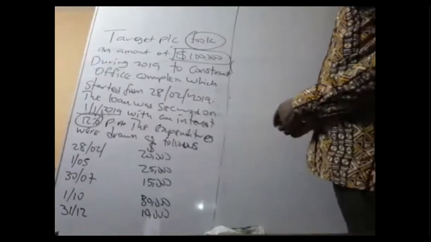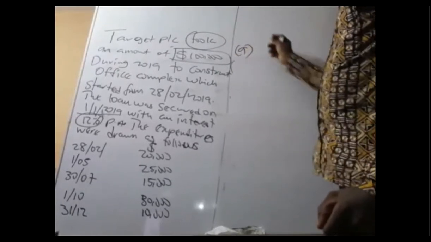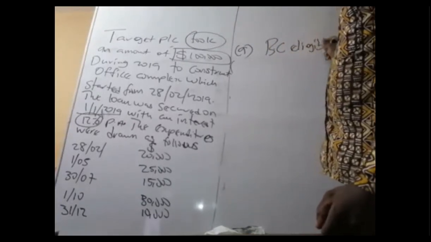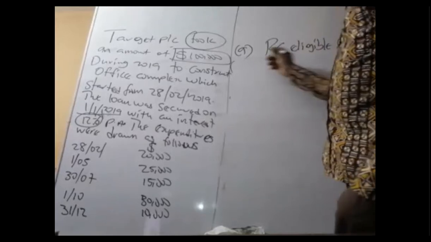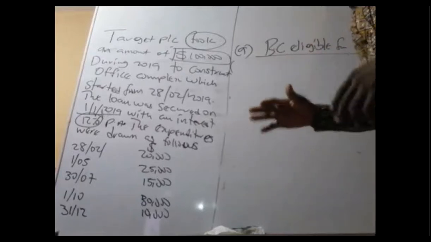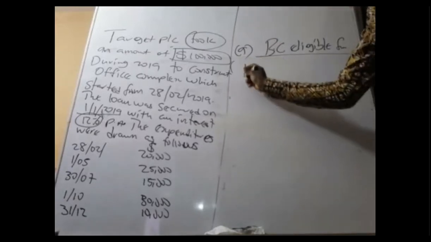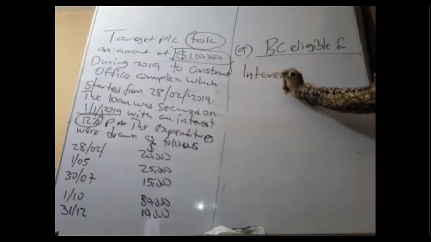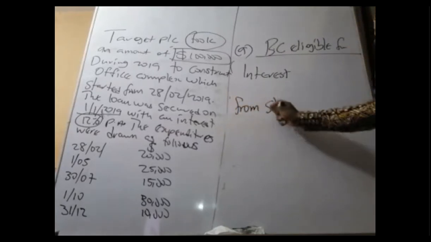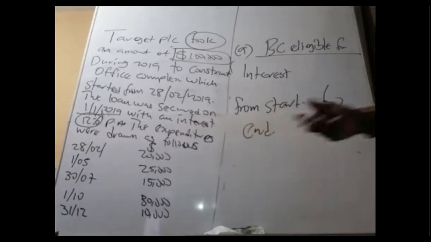Okay, so we will start by saying A, borrowing costs eligible for capitalization. Like this, tell the examiner that with a specific borrowing, you should relax. Only two things you need. Number one, the interest. So calculate the interest, please and please again, from the start of the construction towards the end of the construction. Take note.